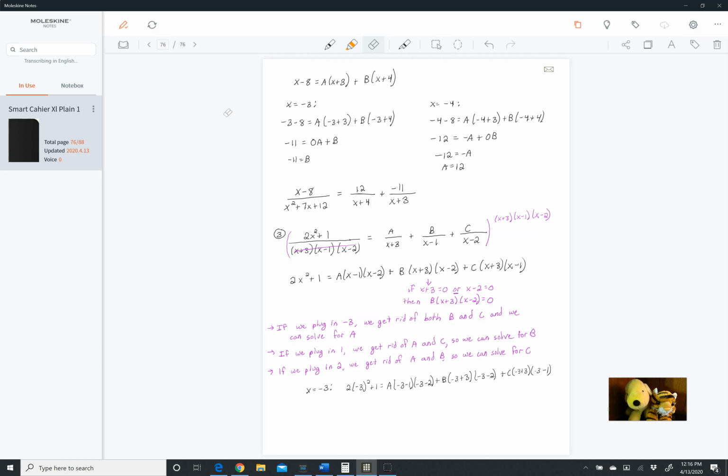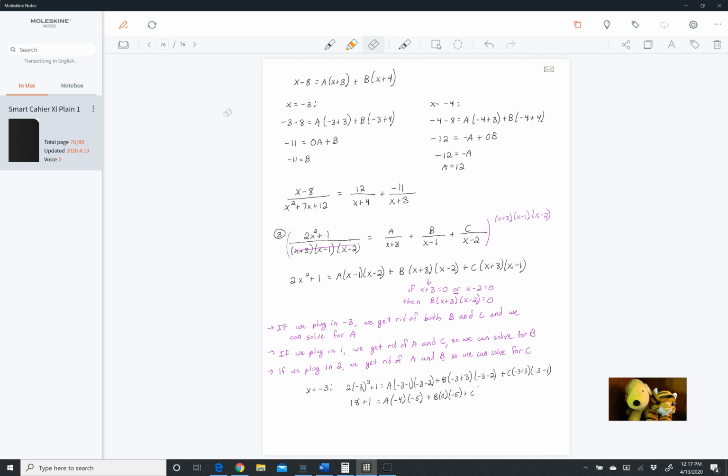So this gives us 2 times -3 squared is 2 times 9. So that's 18. So I'll put this in as separate. Okay. 18 plus 1. Then we get A, -3 minus 1 is -4, -3 minus 2 is -5. And then we get plus B times 0. You don't even have to calculate this, but I'll put it in.